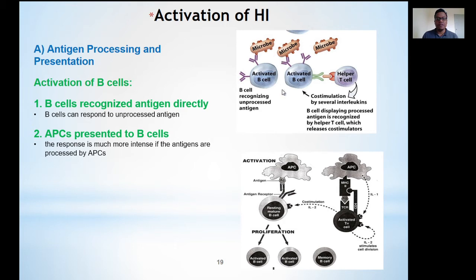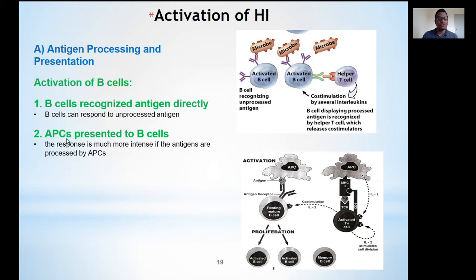Besides working like APCs themselves, B cells can engulf, detect, process, and display the antigen.